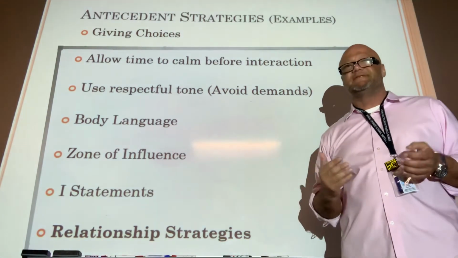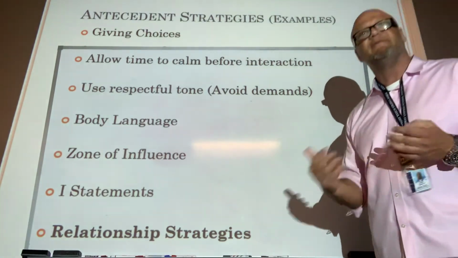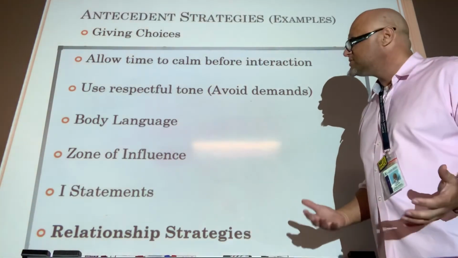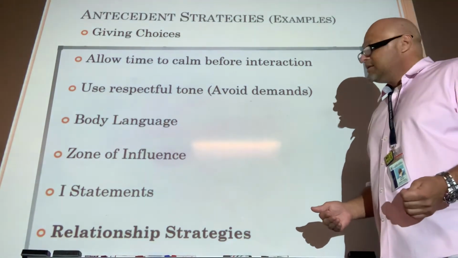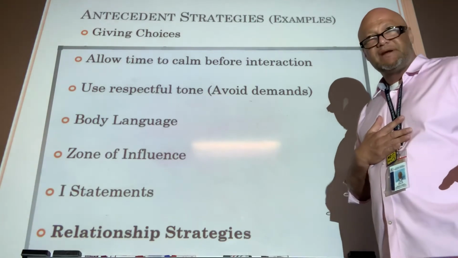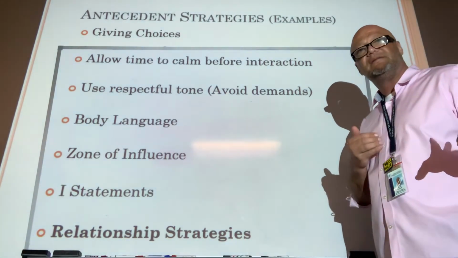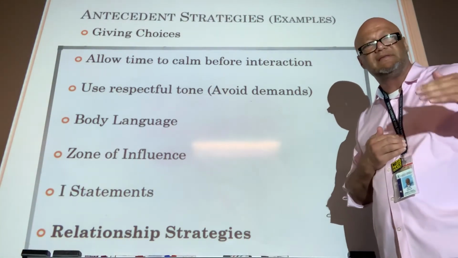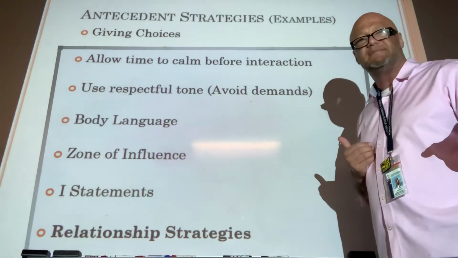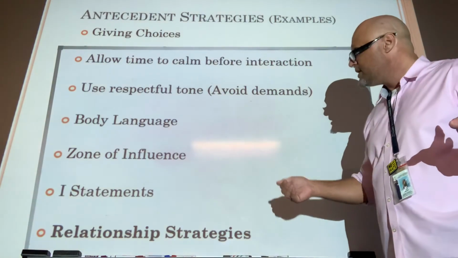Sometimes, versus just telling somebody to do something, giving them some choices can help somebody who has control needs. Sometimes if you're seeing that person's upset, an antecedent strategy might be, I'm not going to push this right now because that will increase the chance of this behavior occurring. I'm going to give it some time before we address this.